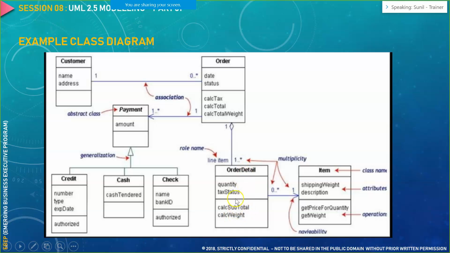Now, a particular order can have multiple items under it. So we would have the item class wherein we specify each individual item within a particular order. For example, a customer Sunil is placing an order with, let's say, 4-5 items under it, and those items are described using the item class.